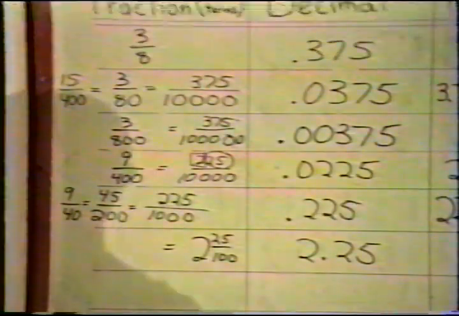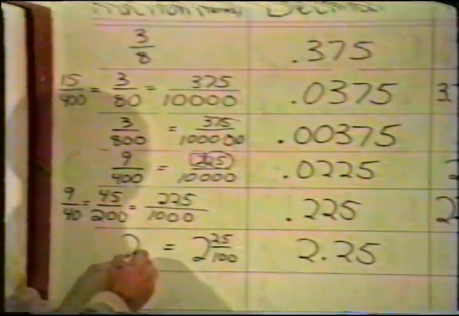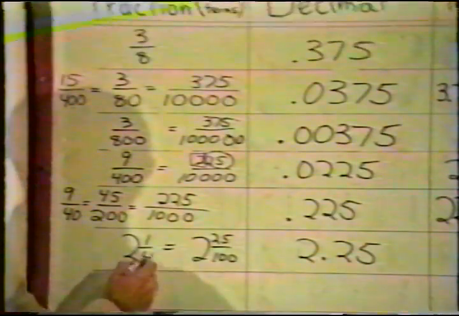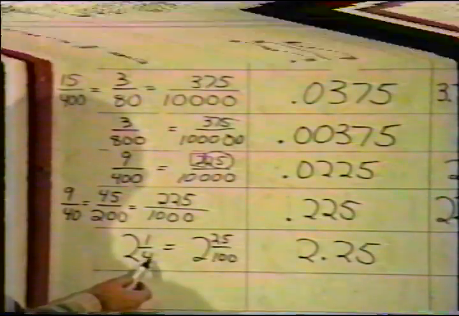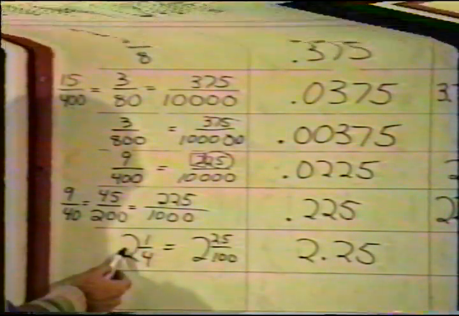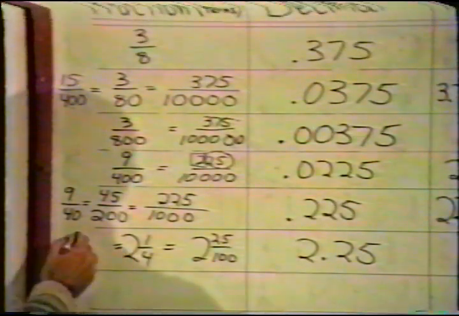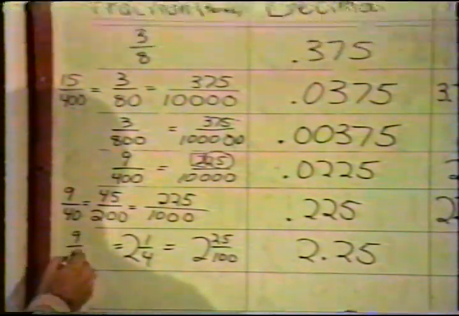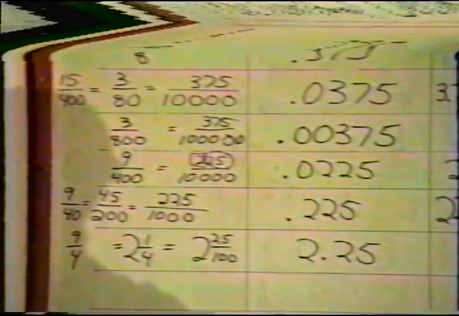And what does that reduce to? 2 and 1/4. And let's just make that into an improper fraction. 4 times 2 is? 8. Plus 1 is? 9. 9/4.